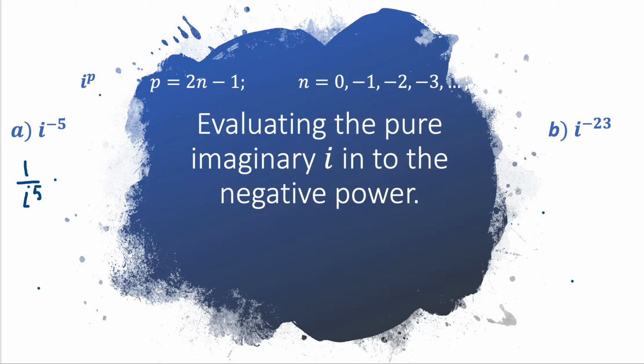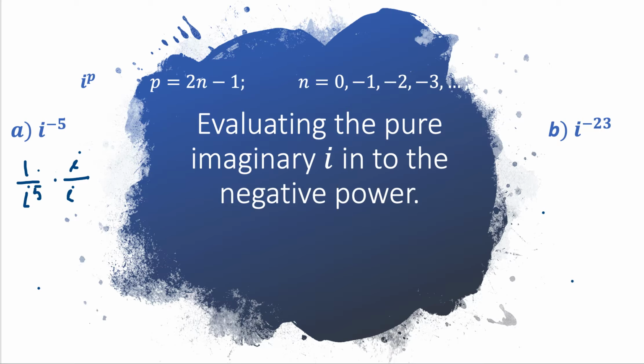But if p is even, then we are going to have a real number. So the reason I'm multiplying just by i is that I want to make an even power, and if I make an even power, it means this has to be a real number.